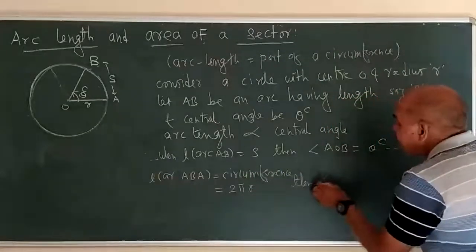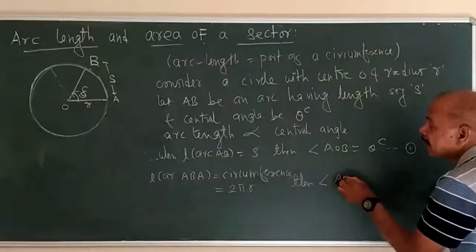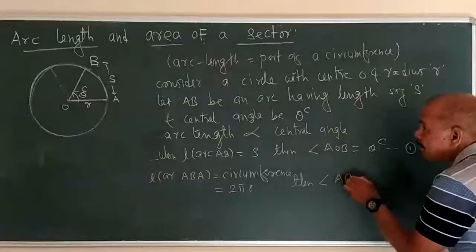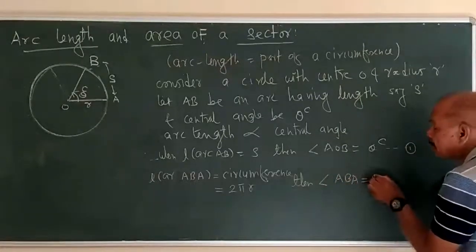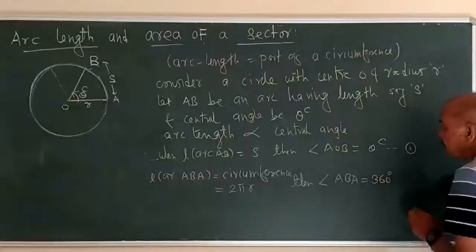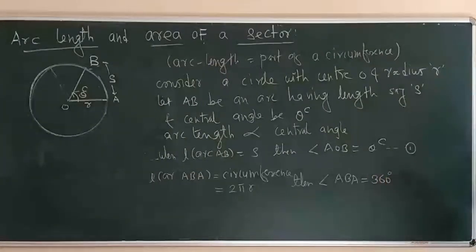Then the measure of the central angle AOA equals how many? You know that it is 360 degree.